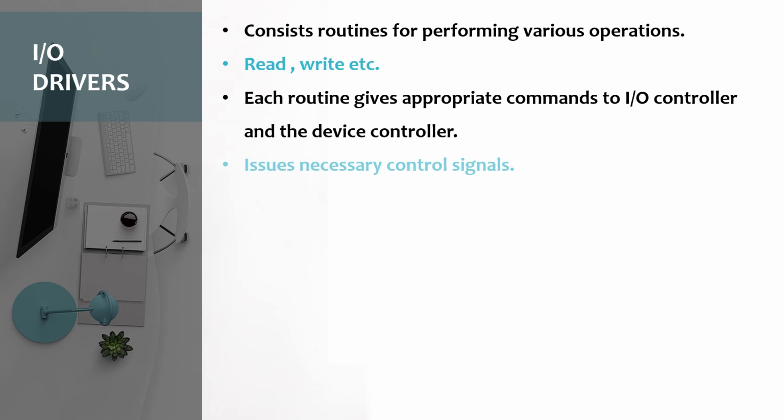In that case, it has to generate a control signal. Some error, some interruption: if whatever operation you want to perform cannot be performed by the system for any reason, it has to generate some signal and take care of everything. That's why we call them control signals, generated or issued by the IO drivers.